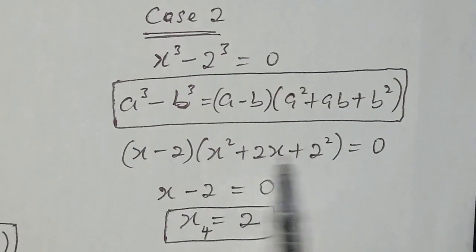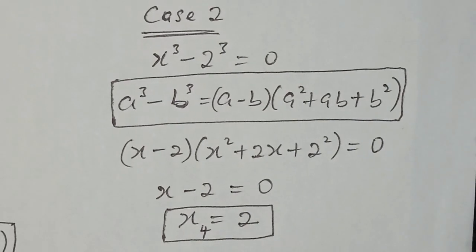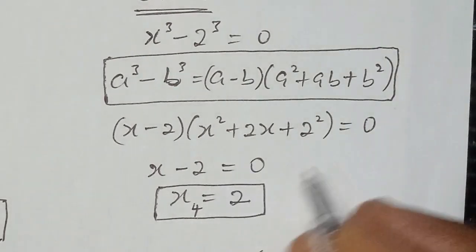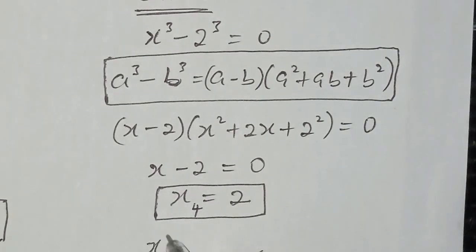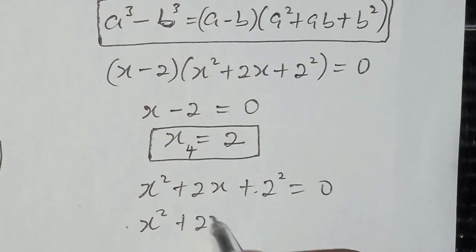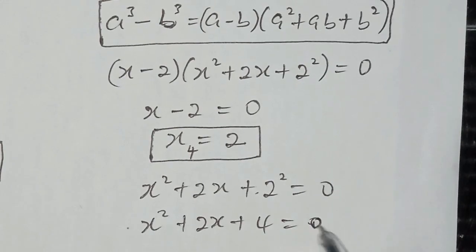So we consider this quadratic equation to determine the remaining values of x. From this quadratic equation, we have x squared plus 2x plus 2 squared equal to 0. That is equal to x squared plus 2x plus 4 equal to 0.